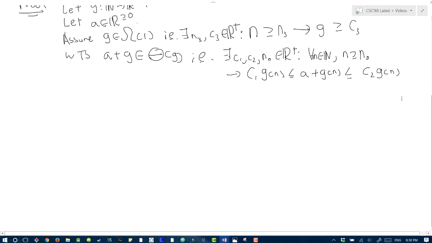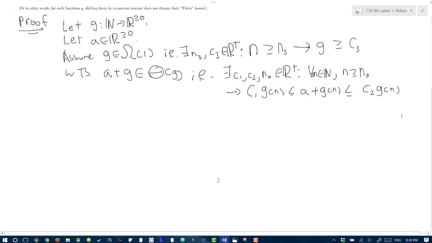So let's try this here. So we want to prove this. So let's get access to these terms.